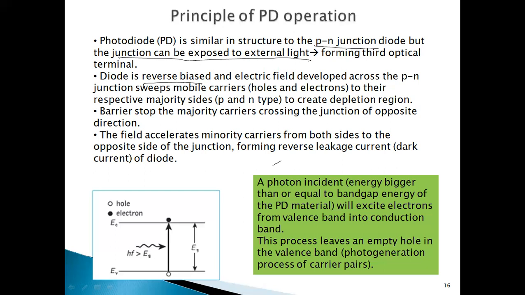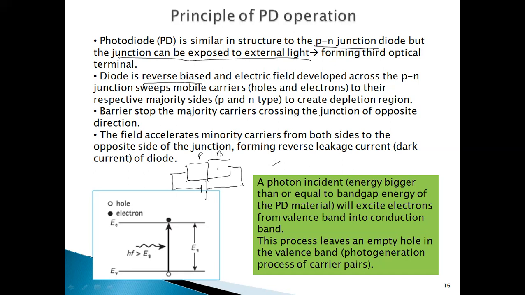This further creates the depletion region. Consider this your PN junction, with the P material and the N material. In reverse bias, the negative terminal is connected to the P material, whereas the positive terminal is connected to the N material.